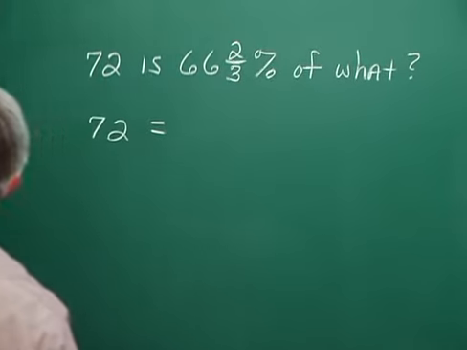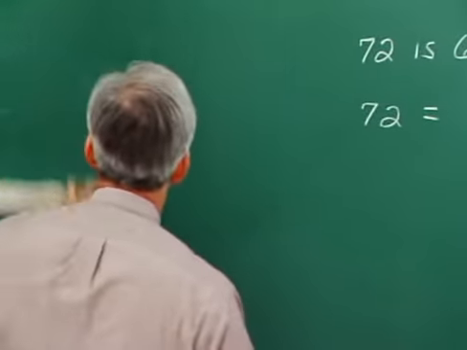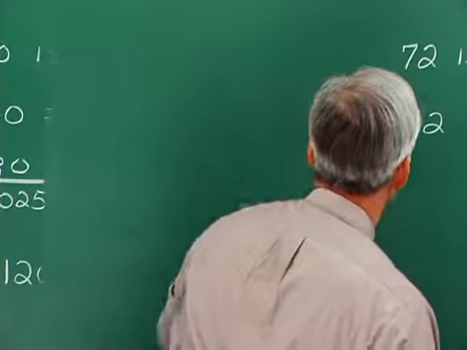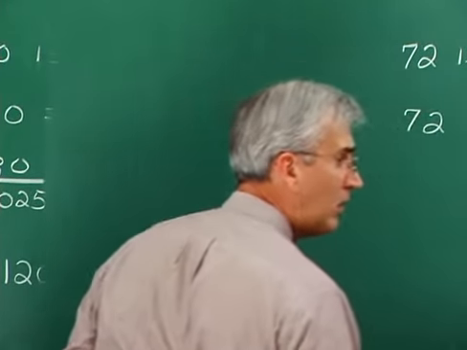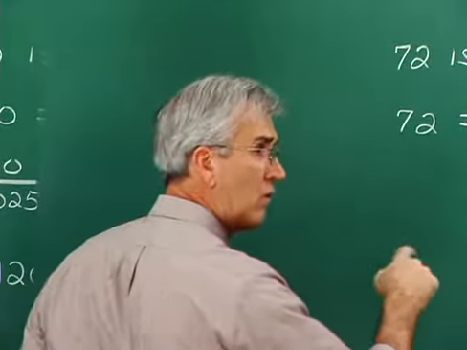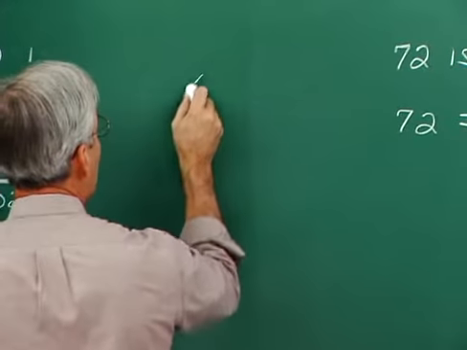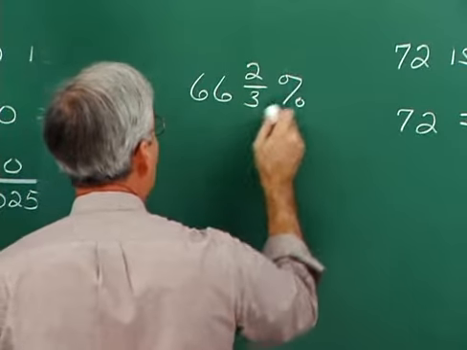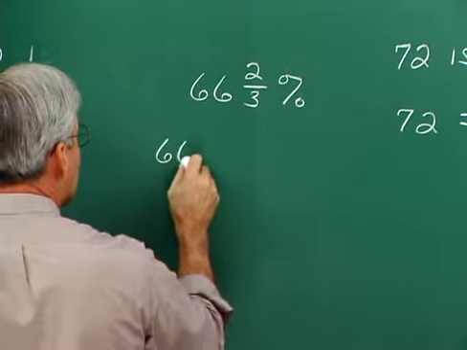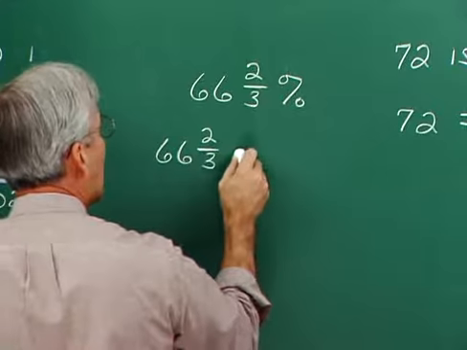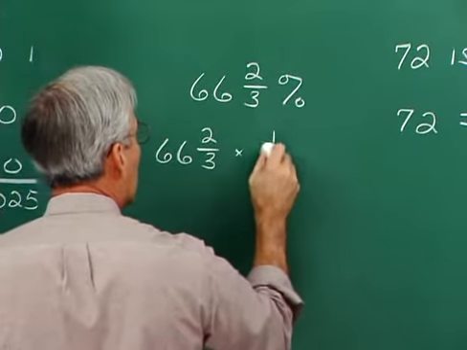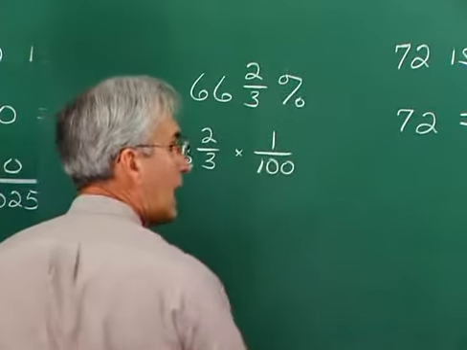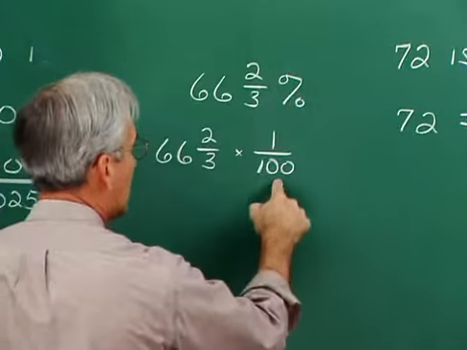Let's come out to the side and think about that a little bit. Remember that percent means hundredths, and we multiplied by 1/100th in order to accomplish the change. So what we have here is 66 2/3%. And recall that we think of this as 66 2/3 times 1/100. So that's the idea. Percent means hundredths.